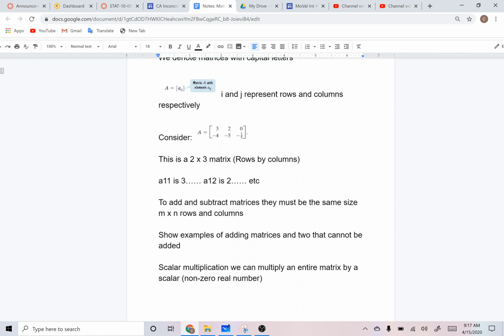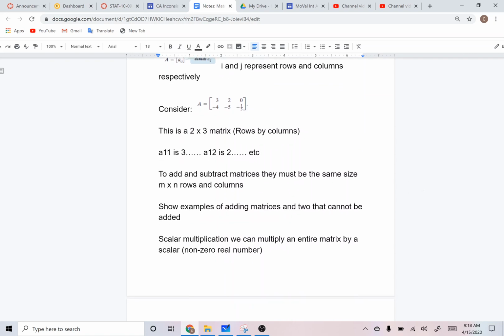If I asked you A13, you'd tell me that's 0, because it's the first row, third column. If I asked you what A23 was, you'd say it's -1/5, and so on and so forth.